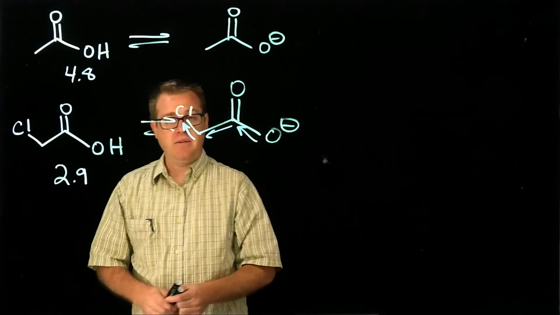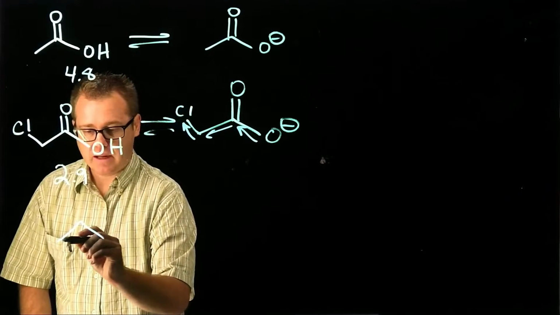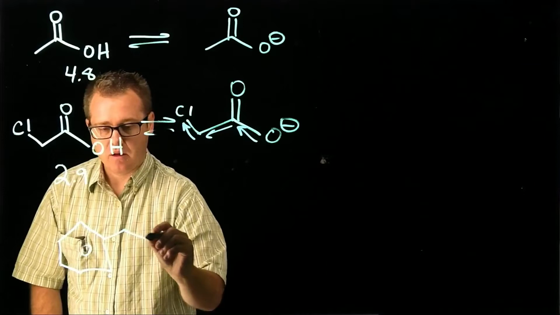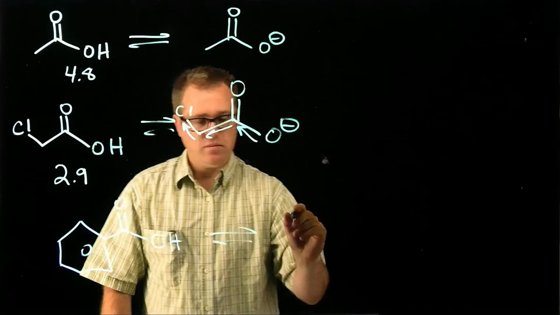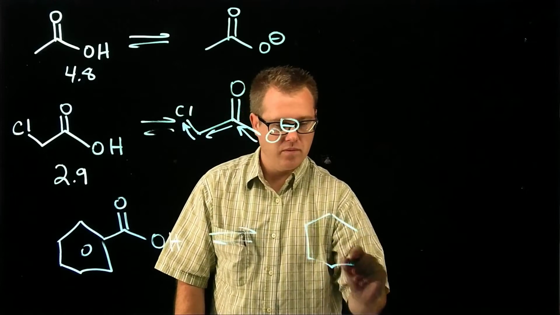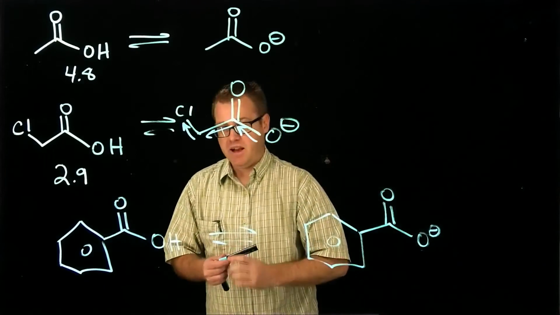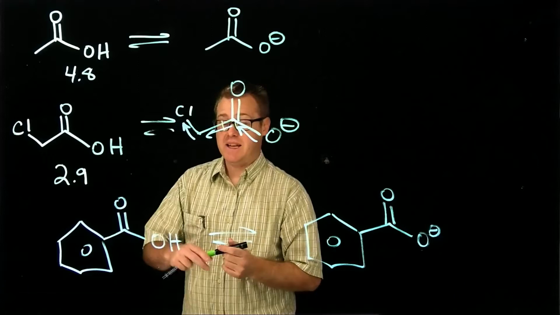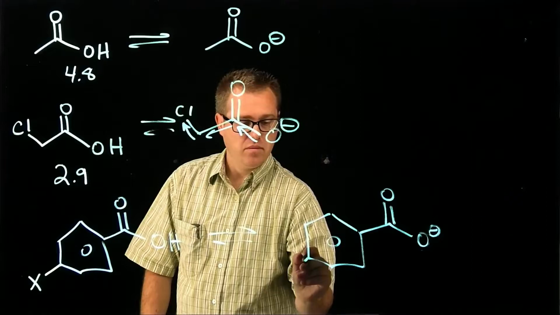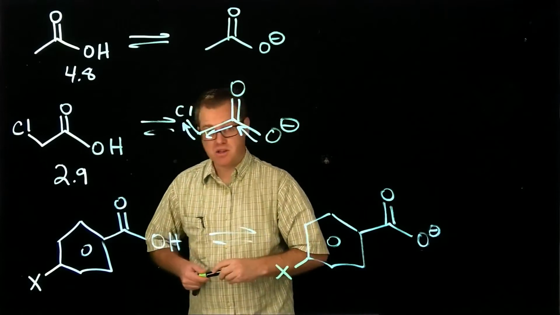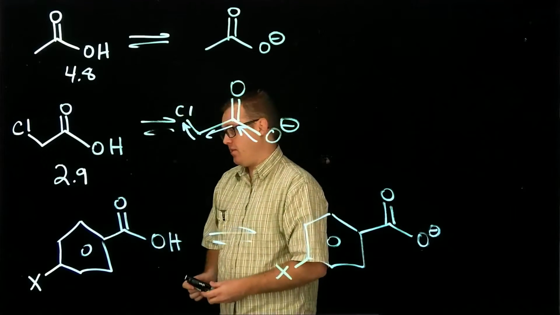So why even worry about this? Well, because when we take a look at benzoic acid, like this, the electron withdrawing group that you place on the ring can also influence the acidity of our benzoic acid here.